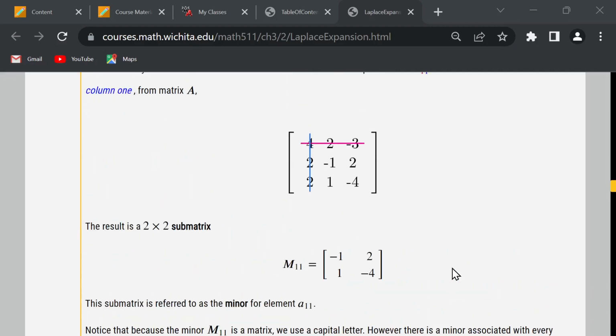Now, what's interesting about minors is because they're matrices, we use capital letters. But there are 9 of them, 1 for each element of the matrix, so we have to use subscripts to tell you which one it is. So the minor for A11, meaning the element of matrix A in position 1, 1, is capital M sub 1, 1, meaning it's the minor for the element in position 1, 1.